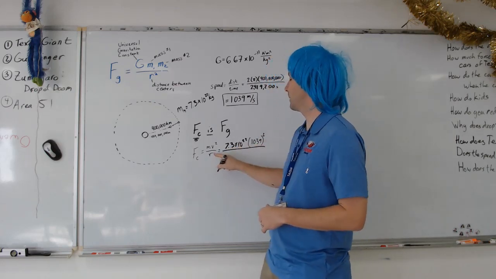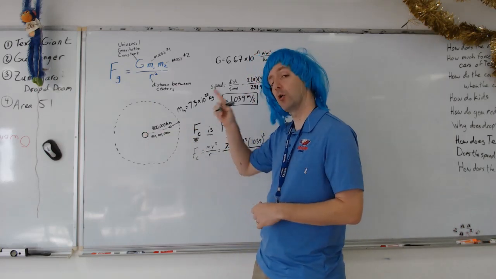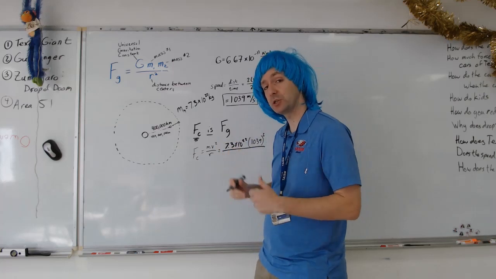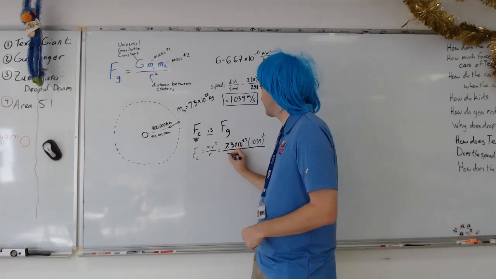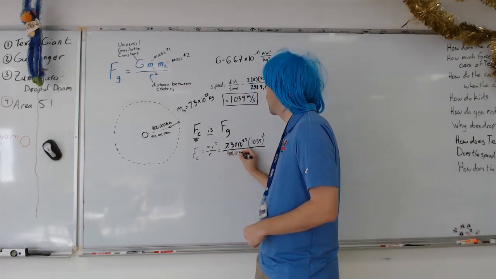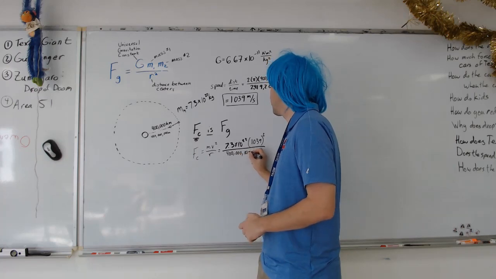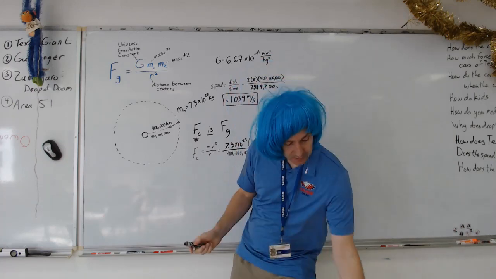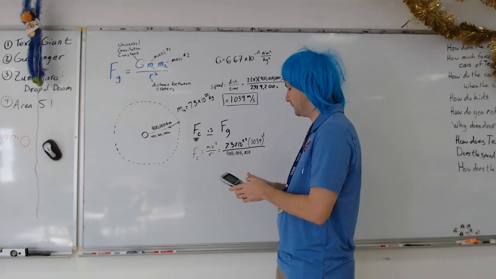And then we're going to divide by the distance, or the radius of the circle through which the path is, and that again will be that 400 million meters. Now we should just be able to throw those numbers into our calculators.